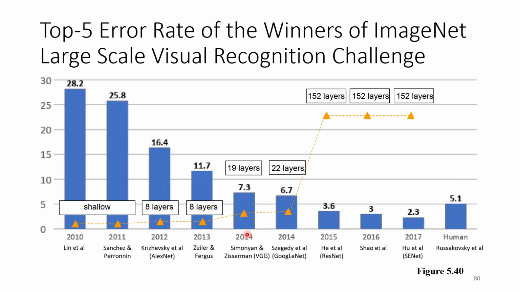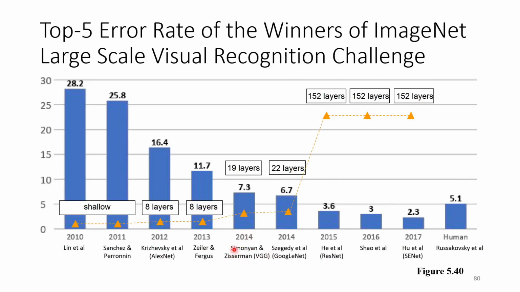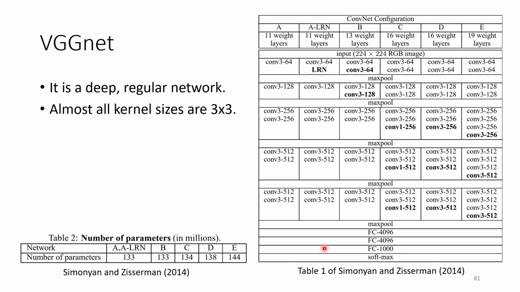Okay, and then VGGNet. See, this is VGGNet, and this is GoogLeNet, and this is ResNet. They were published in the following 2 years. So what is VGGNet? This is the structure of VGGNet. There are 4 different settings.